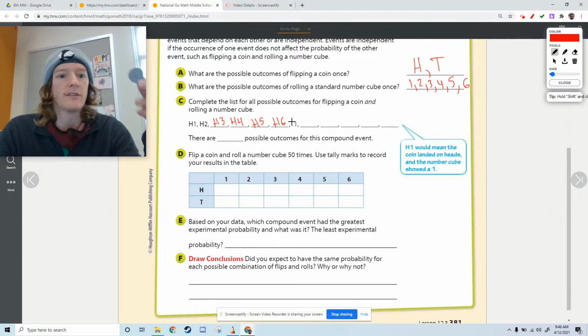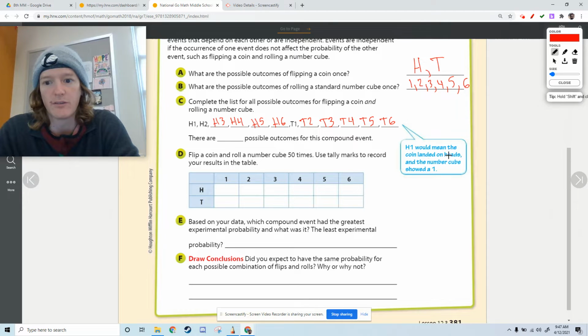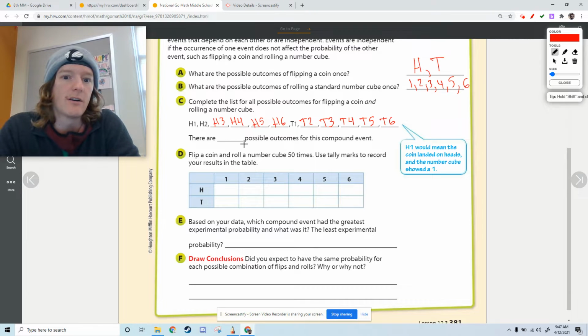And we can get 1 through 6 with tails as well. So tails 1, tails 2, tails 3, tails 4, tails 5, tails 6. H1 would mean the coin landed on heads and the number cube showed a 1. There are 12 possible outcomes for this event.